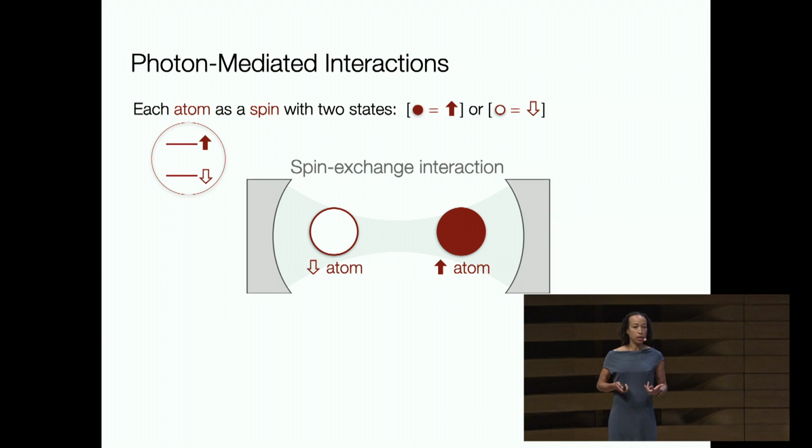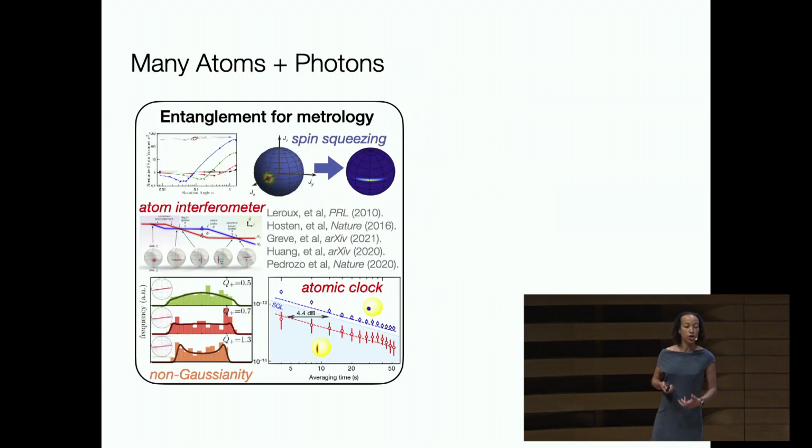In the experiments I'll talk about today, there won't be just two, there'll be many atoms, and these platforms of many atoms coupled to a single mode of light already have a very strong track record in, for example, generating entanglement in a massively parallel fashion, particularly for applications in quantum metrology that I think you'll hear about in the next talk.